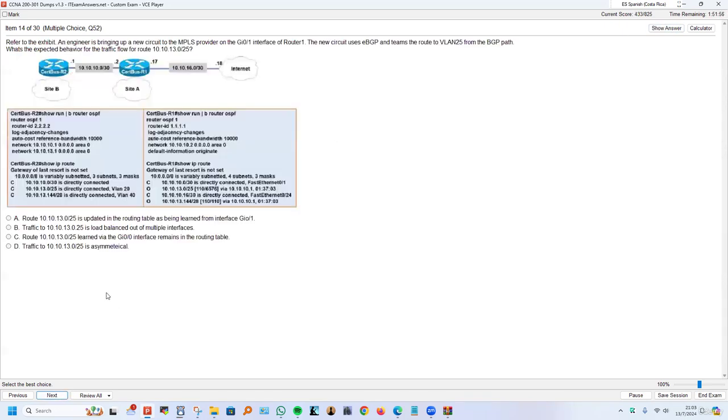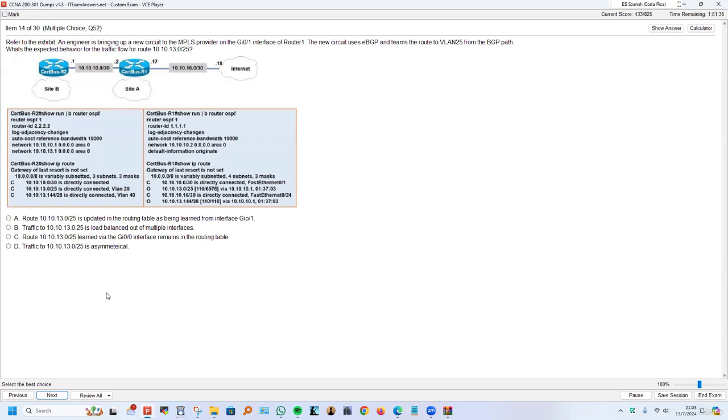What about this? Refer to the exhibit. An engineer is bringing up a new circuit to an MPLS provider on the gigabit 0/1 interface of router 1. The new circuit uses eBGP and the route to VLAN 25 from the BGP path.